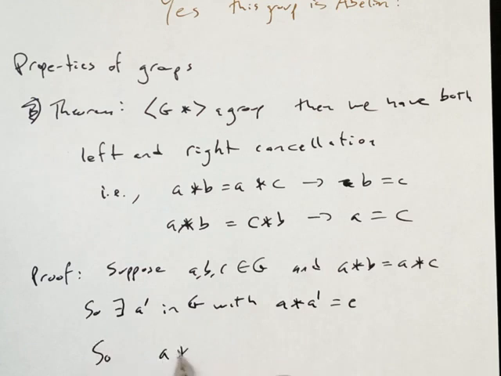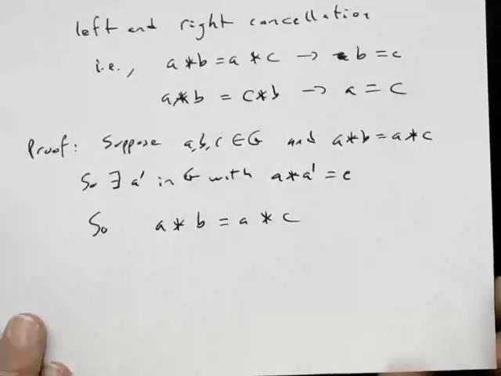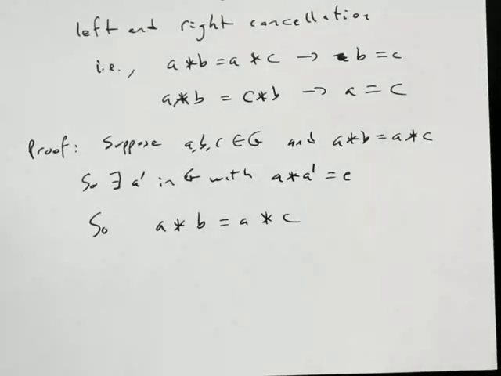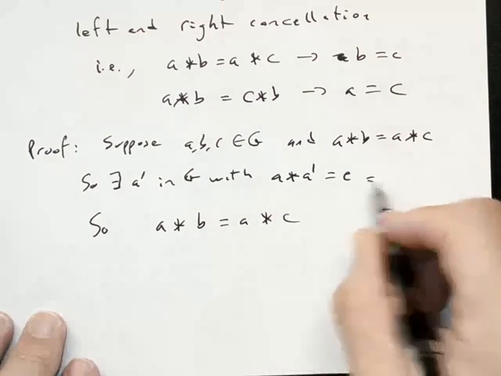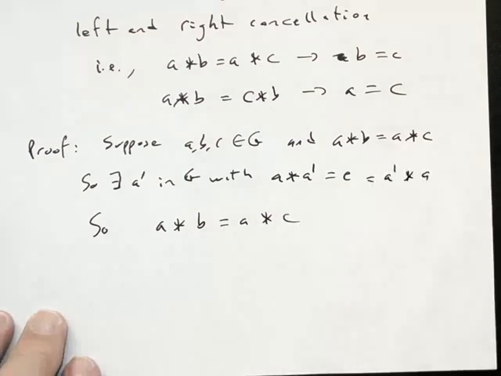So, if I have this equation, then I can put, oh, wait a second, I gotta be careful here. Not only is A star A prime equal to E, so is A prime star A. Gotta be careful with my order, yes?